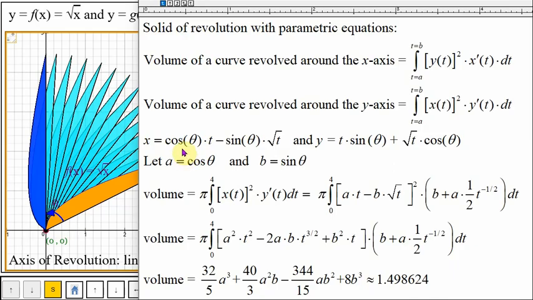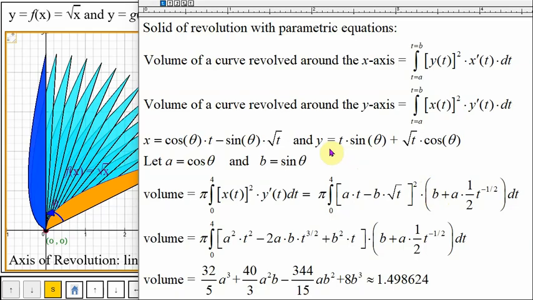Again, these are the parametric equations for this graph. Earlier I called A cosine theta and B sine of theta. So x of t would be this expression: A times t minus B times the square root of t, squared.